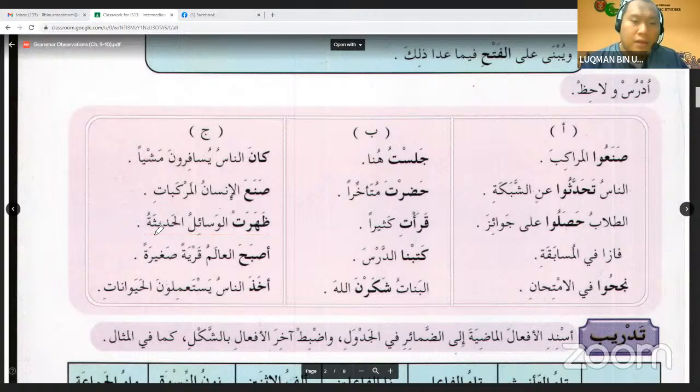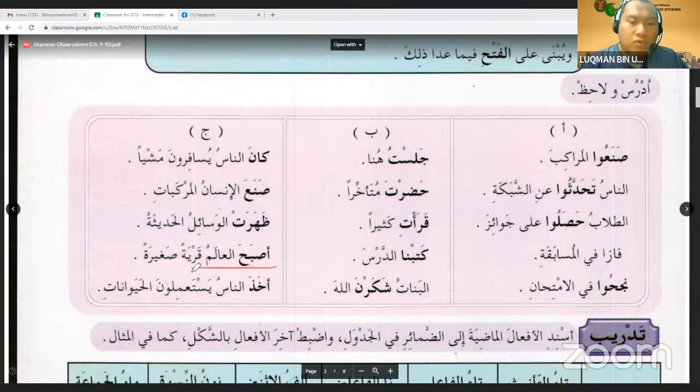The modes of transportation, the modern modes of transportation have appeared. So it's still fatha here, dhahara. This ta here is feminine ta, meaning the doer is considered as feminine.